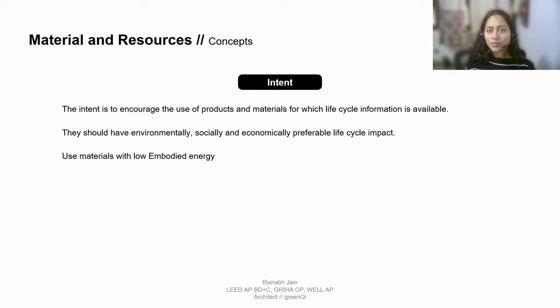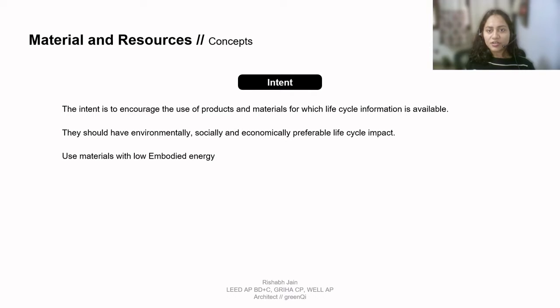So now I think we can move to the intent of these terminologies that we just discussed. The intent here is that we encourage the use of products and materials for which life cycle information is available. So the intent of having an EPD is not that the product is performing well, or the product is reducing its impact, but to have the life cycle information available, because only when we have the information available can we make an informed decision.